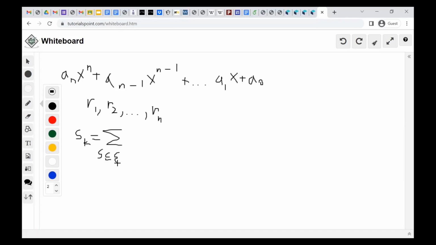You know what? Let me just give a few examples. We'll define S1 to be the sum of all the roots: R1 plus R2, and so on.